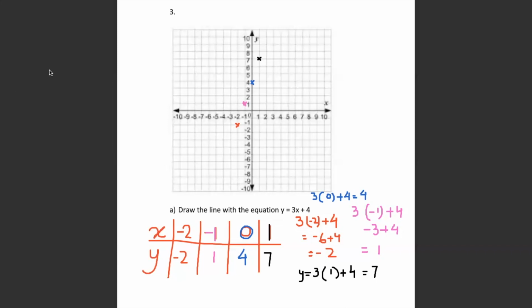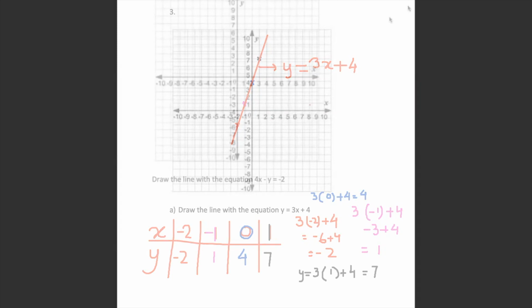Now let's join all of these points with a straight line. So we take a ruler and we draw a straight line there. So that's my line for the equation. So let's write it. So this is the line for the equation y equals 3x plus 4.